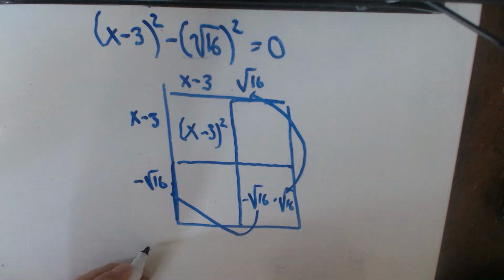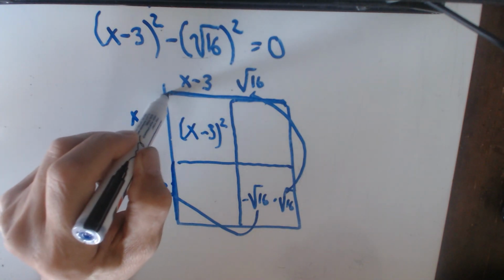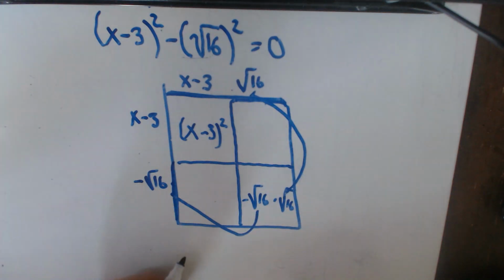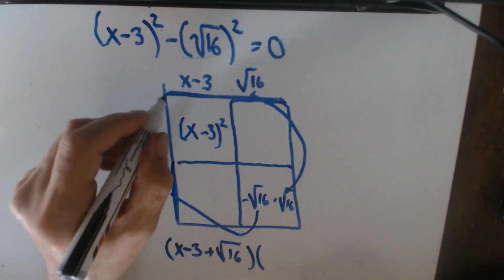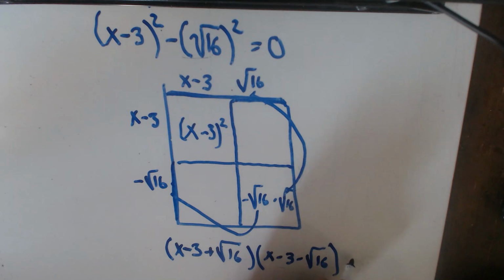So we have now a rectangle with this side, which is x minus 3 plus square root of 16, times this side, x minus 3 minus square root of 16, equals 0.